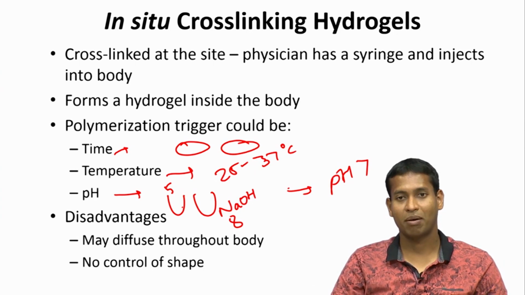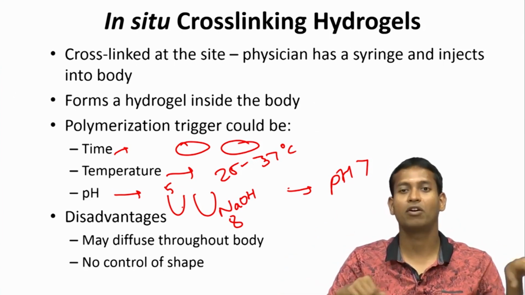So, that is a big problem, because as you know, most of these diffusion kinetics will depend on what is the area through which it is coming out of the system.